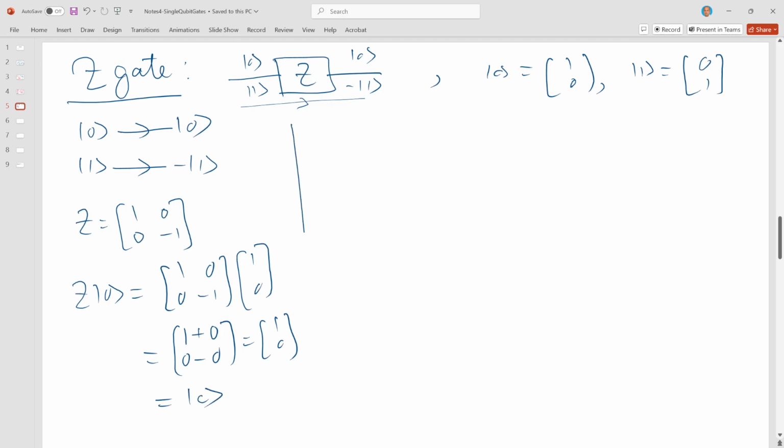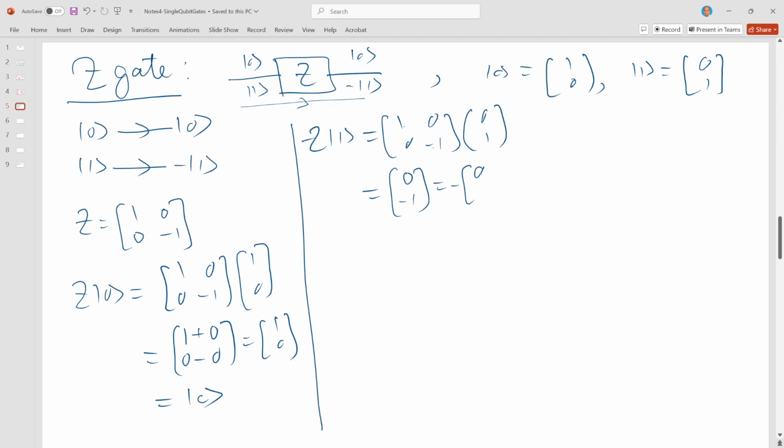So 0 is back. And if I apply this Z to the 1 state, (1 0; 0 -1) times (0, 1), this becomes 1 into 0 plus 0 into 1 is 0, and 0 into 0 plus minus 1 into 1 is minus 1. Let's take the minus out, and this becomes minus the 1 state. So this is a gate which gives a negative phase if the input state is 1.